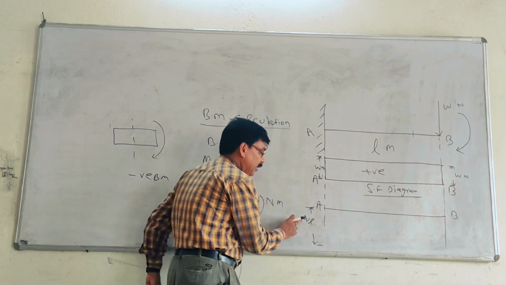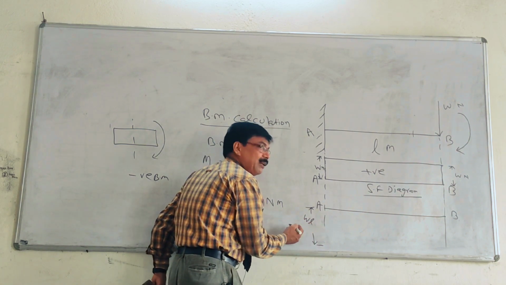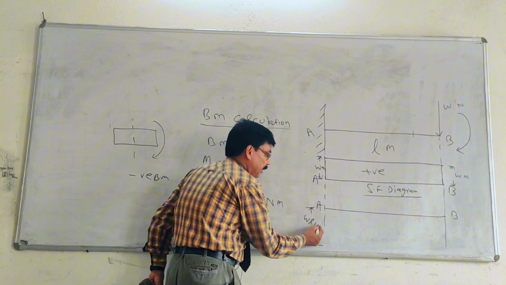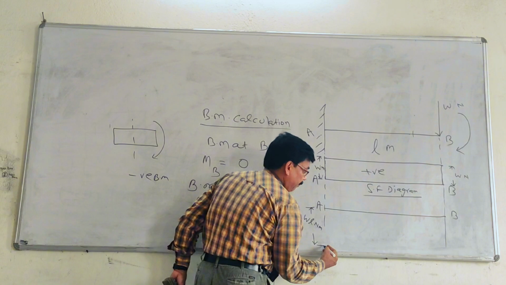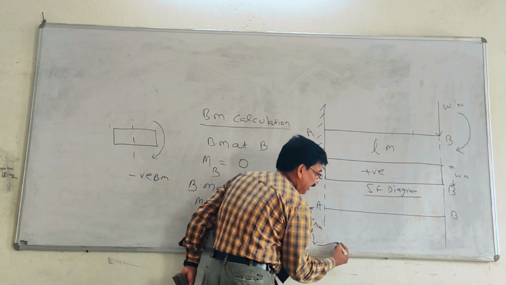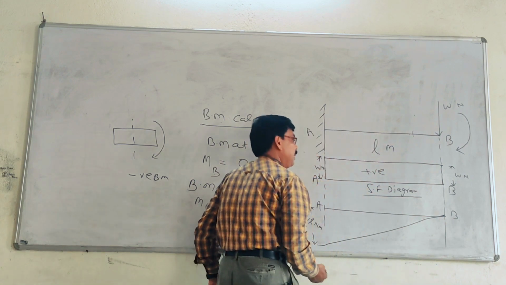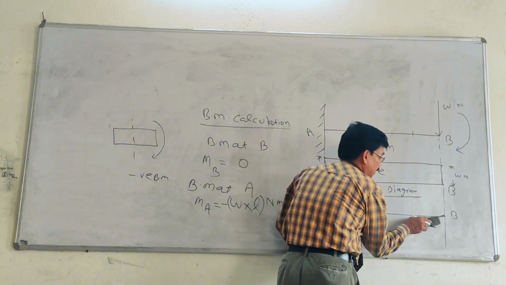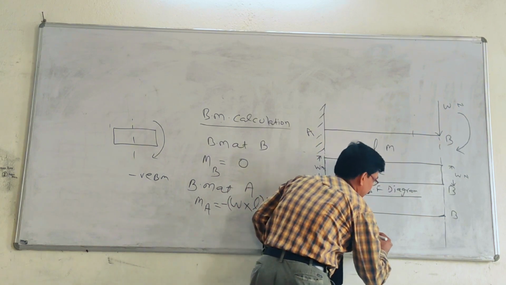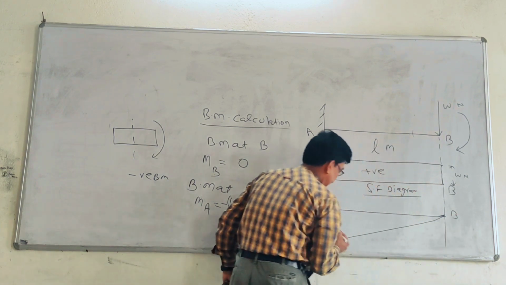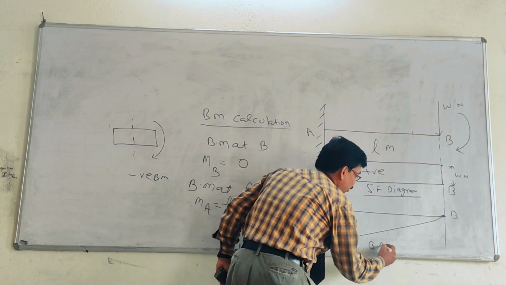But here just write WL, not minus WL; WL itself represents the negative value, in Newton meter. Now join using a scale with a straight inclined line. So this is negative.